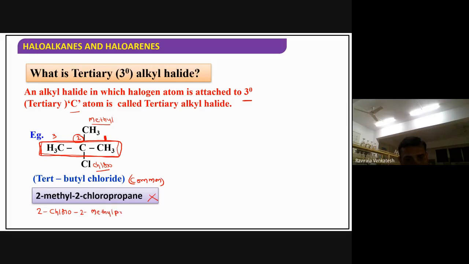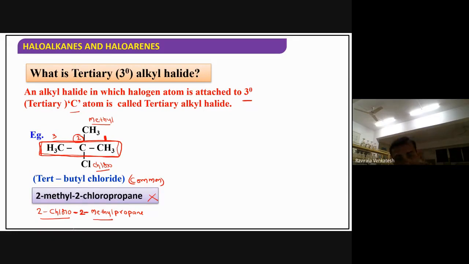Again, I will say here two important things. Whenever you are writing a number within the nomenclature, put a hyphen before and after the number. These will be the substituents: one is chloro, the other is methyl.